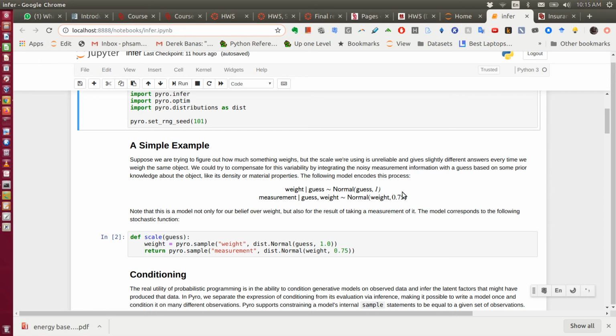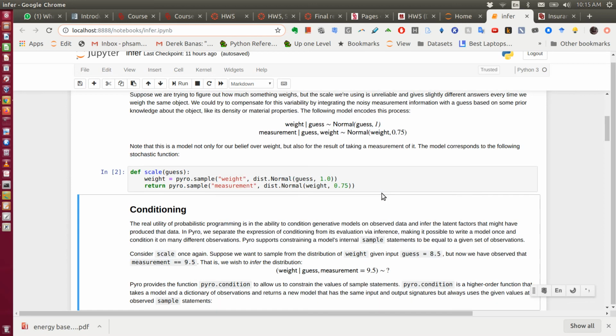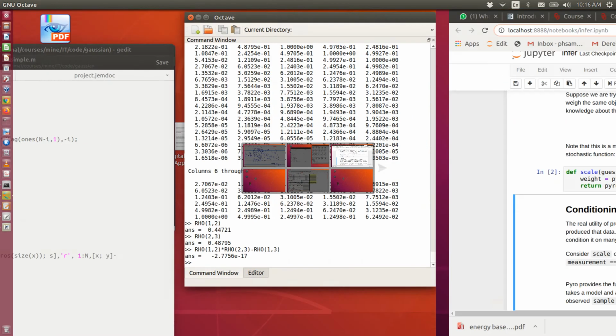and the standard deviation is 0.75. Now we want to do this very simple inference problem. We have the guess here and we have the measurement here. We want to find the weight, and it's very simple actually. We know that we basically have a closed-form solution in this case.